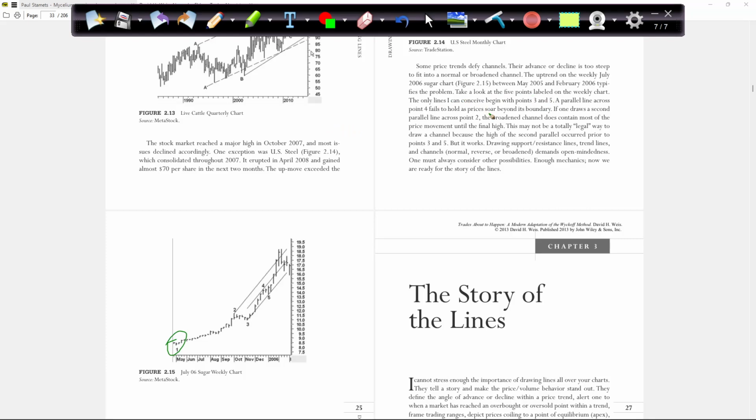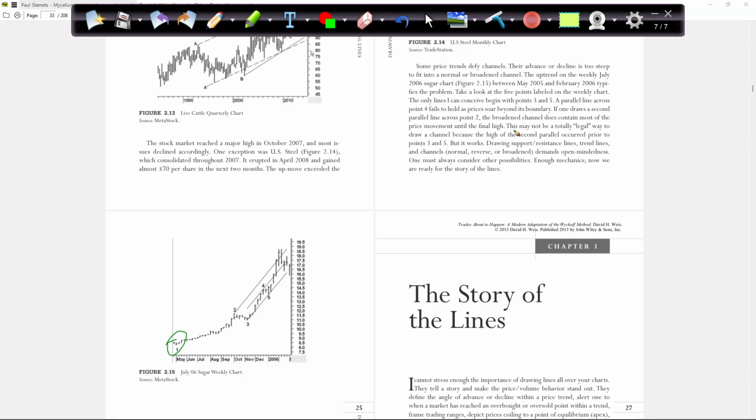The only lines I can conceive begin with points 3 and 5. A parallel line across point 4 fails to hold as prices soar beyond its boundary. One draws a second parallel line across point 2. The broadened channel does contain most of the price movement until the final high.